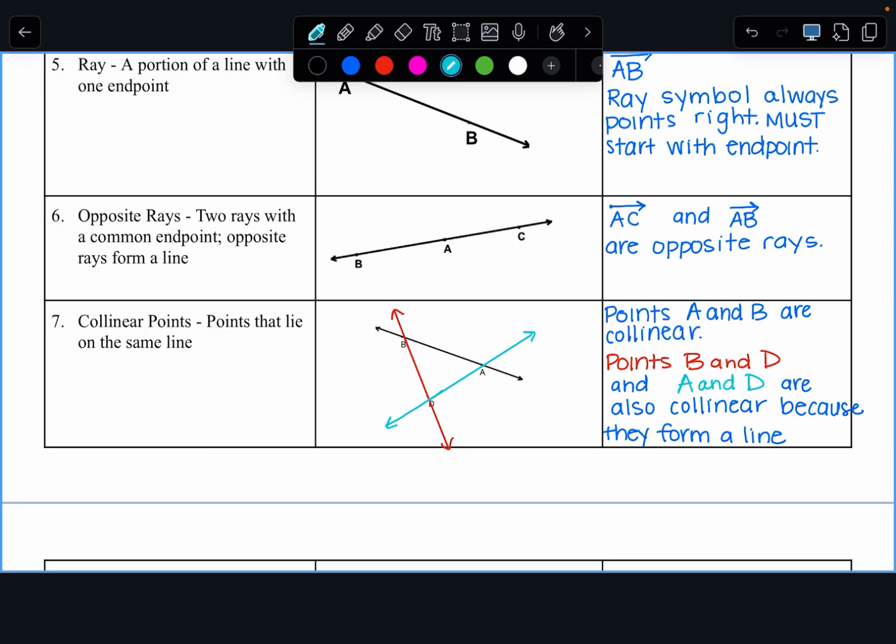Okay? Collinear just means those points are on the same line. All right, next page.